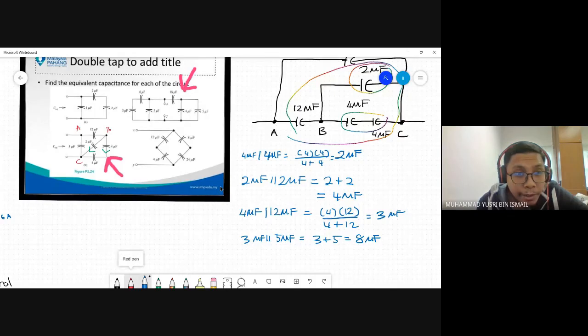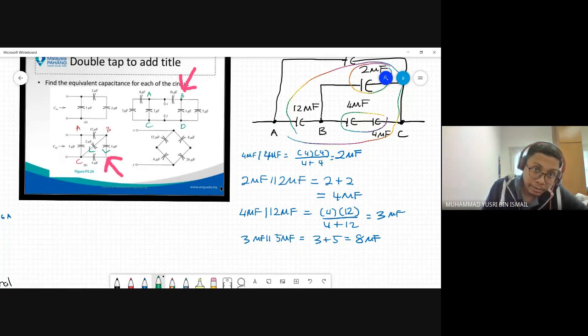Find the equivalent capacitance for each of the circuits. Okay, yang ni kita ambil dia A, B, C, D. X dengan Y ni dia saja ni.